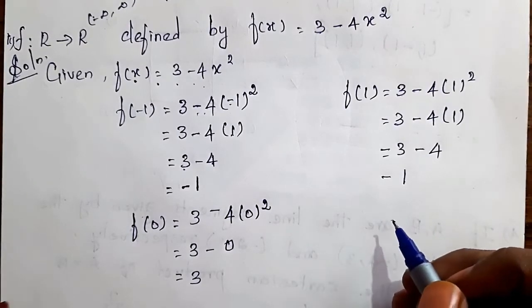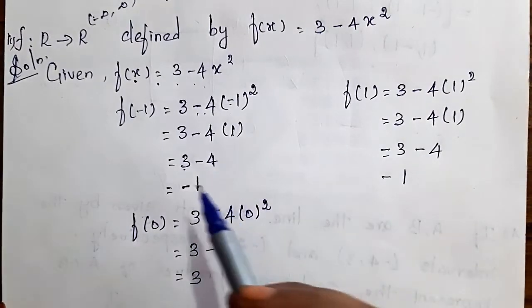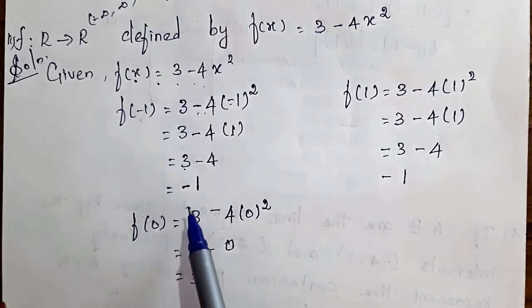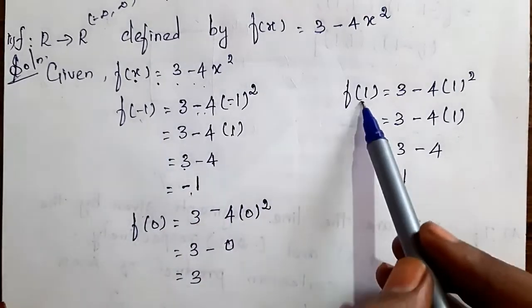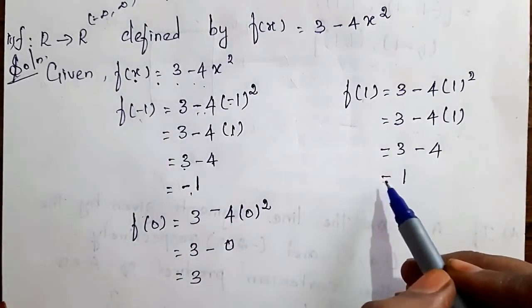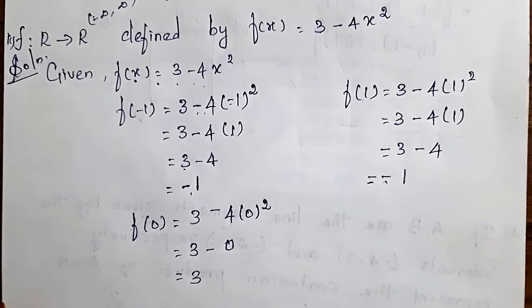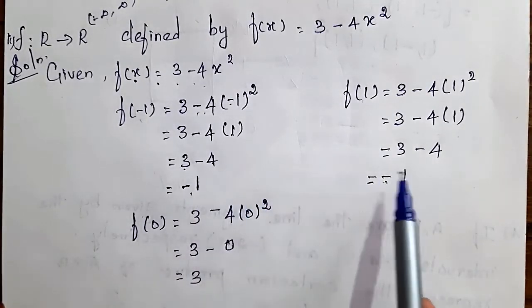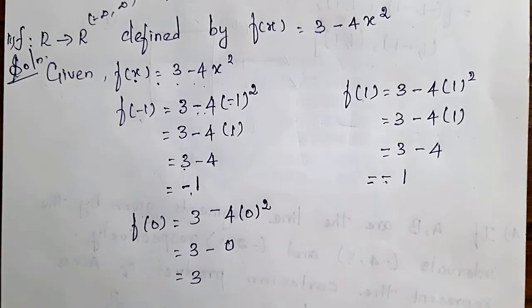We can stop the process here because look, minus 1 has the image minus 1. Also 1 has the image, sorry, minus 1. Both have the same image. 1-to-1 function definition is different elements in the domain have different images.